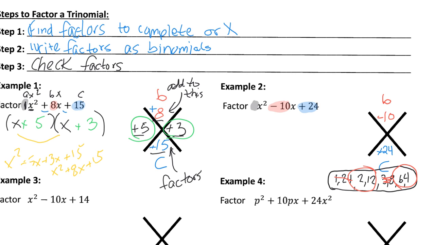Okay. So we want factors that, when multiplied, give us a positive number. That means both of my numbers either both have to be negative or they both have to be positive. But since I have a -10 up here, that tells me that both of these factors have to be negative.